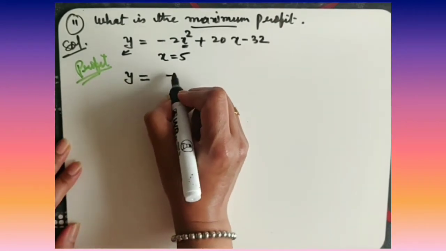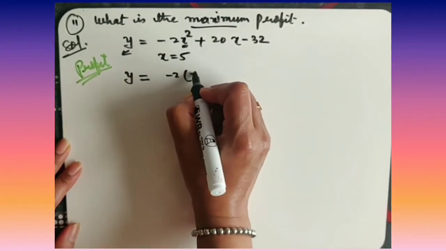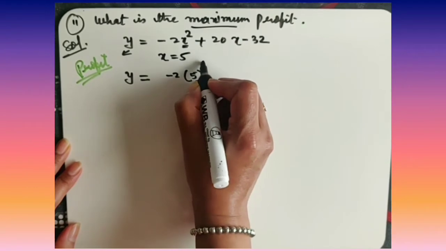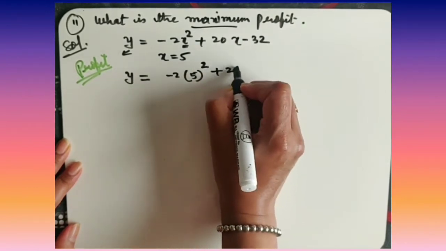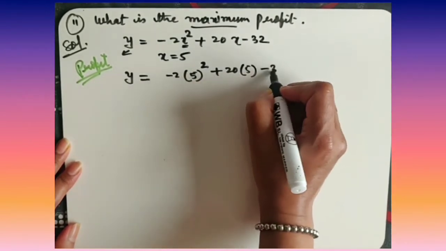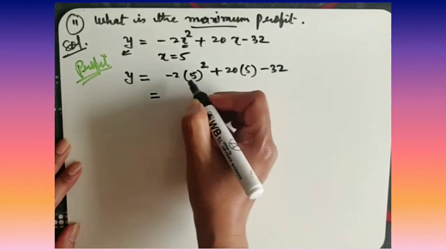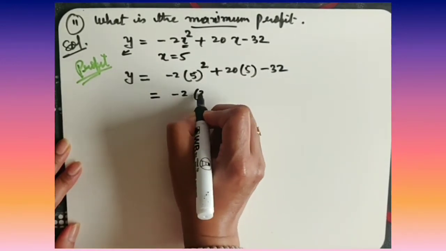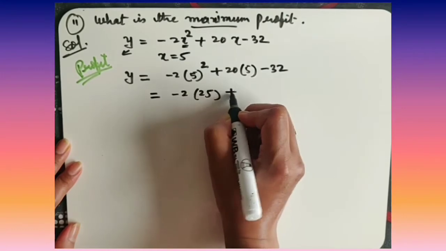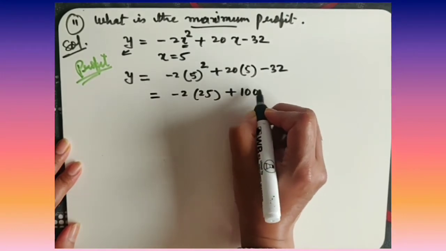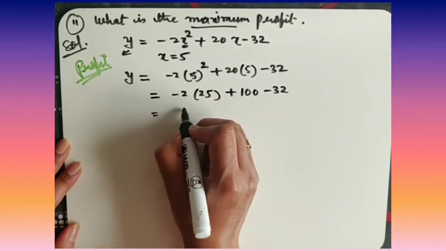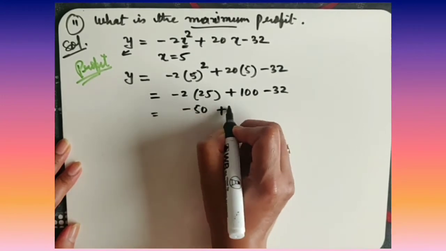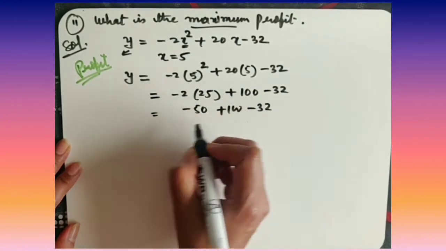So y equals minus 2 times 5 squared plus 20 multiplied by 5 minus 32. Calculating this: minus 2 times 25 plus 100 minus 32, which is minus 50 plus 100 minus 32.